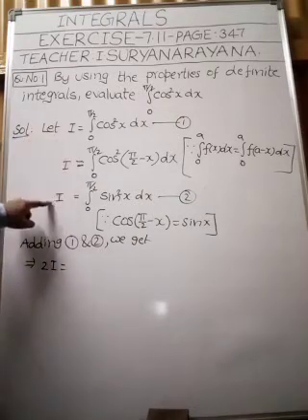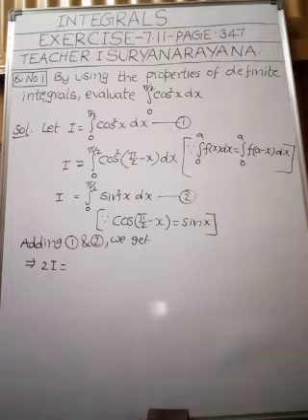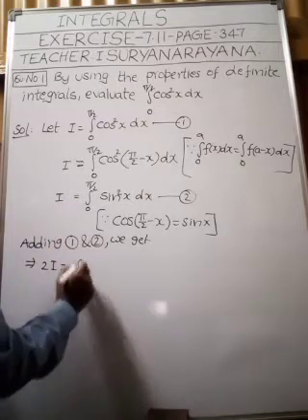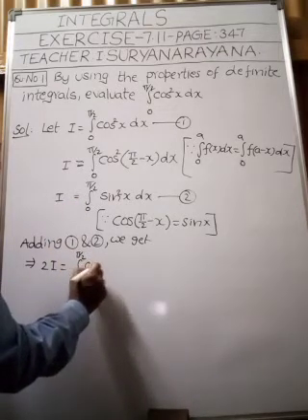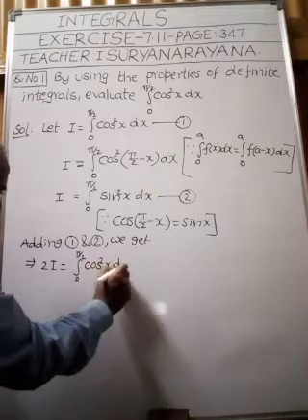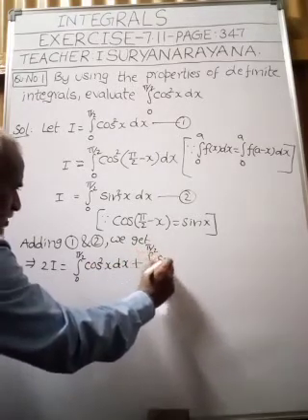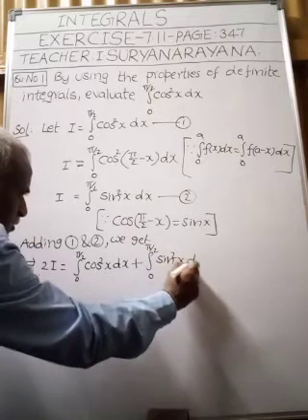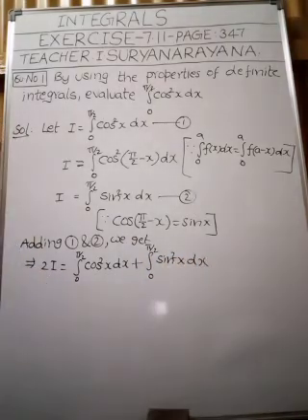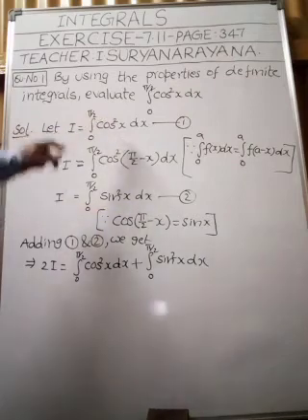I plus I, what will we get on the LHS? 2I is equal to integral 0 to pi by 2 cos square x dx plus integral 0 to pi by 2 sin square x dx. We are adding these two RHS parts.